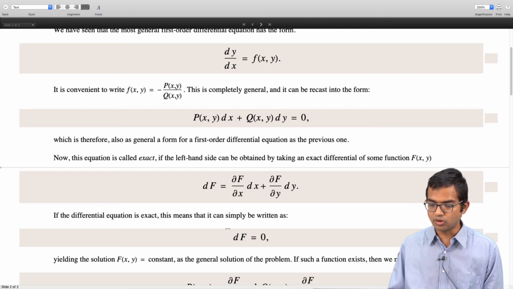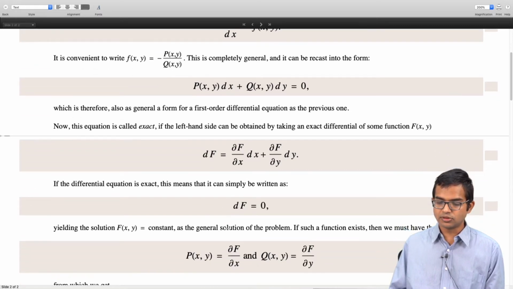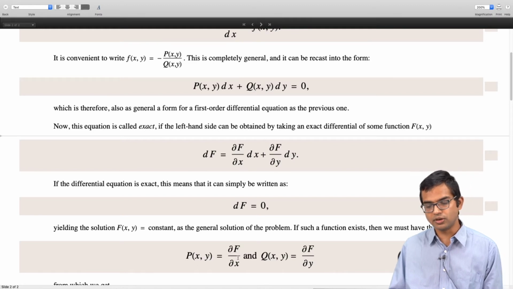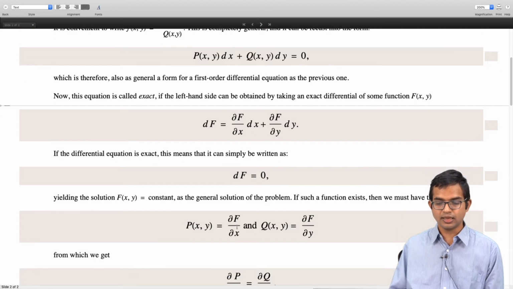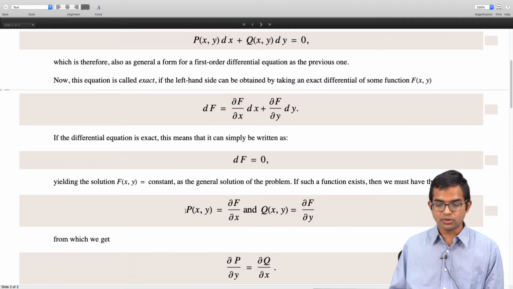So the condition is the following. We are saying that there is an f such that df is equal to this. So p of x comma y is equal to dou f by dou x, and q of x comma y is equal to dou f by dou y. So if a differential equation is exact, then if you take the y derivative of p, you get dou p by dou y, and if you take the x derivative of q, you get dou q by dou x.